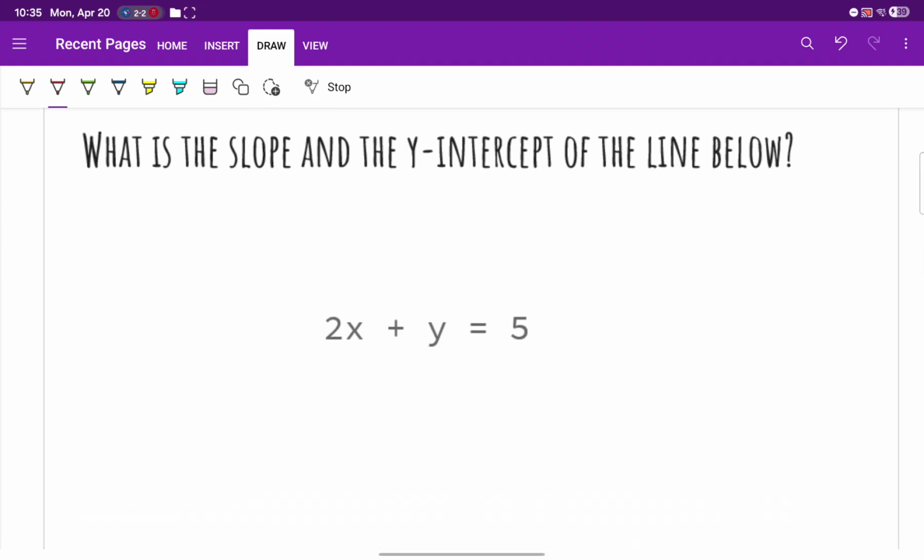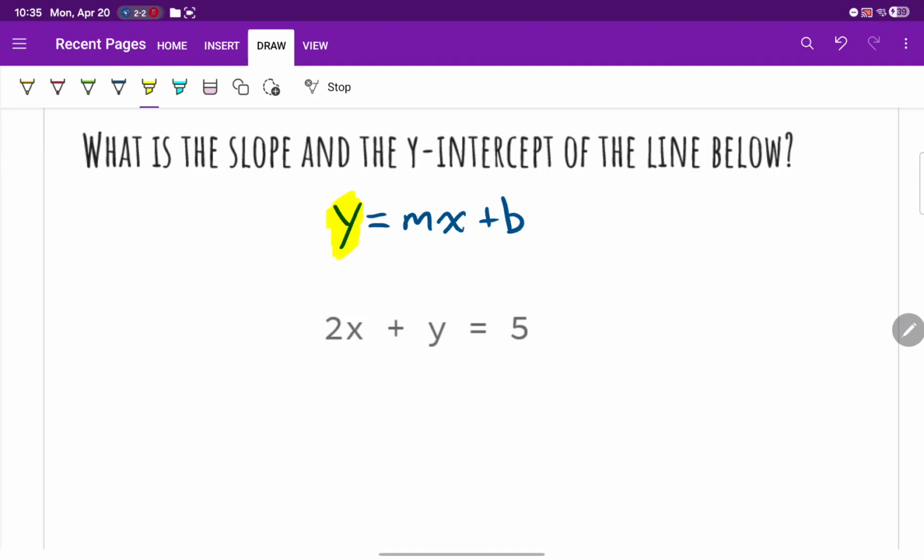So we have an equation here. It says, what is the slope and y-intercept of the line below? The very first thing that you may notice here is that this equation is not in the form y equals mx plus b. For it to be in the form y equals mx plus b, we need to have y by itself.